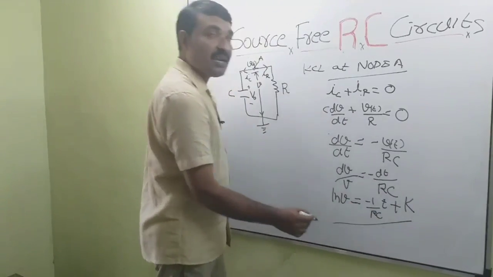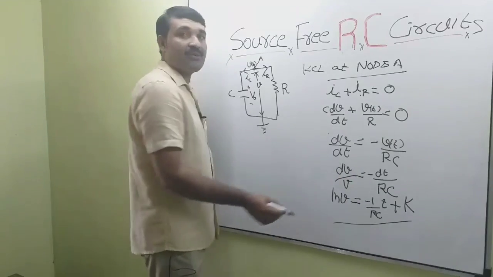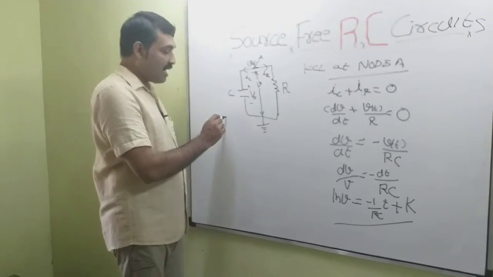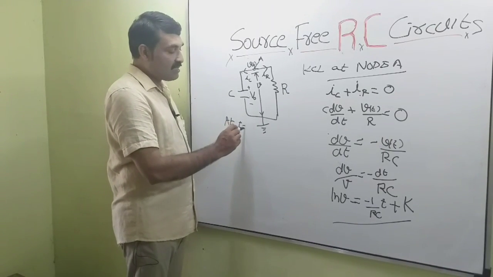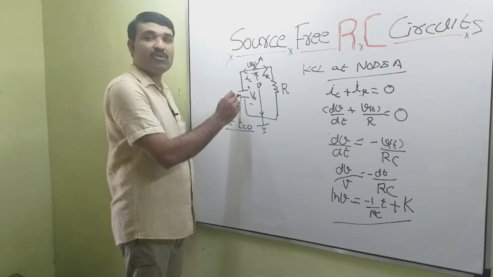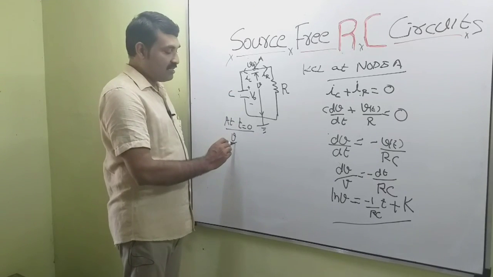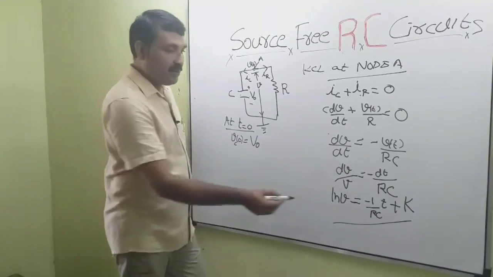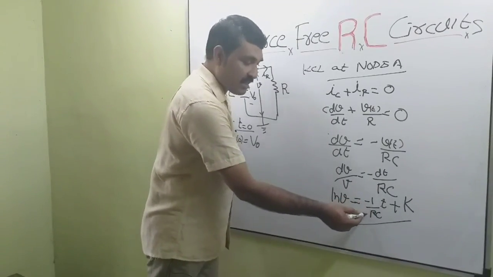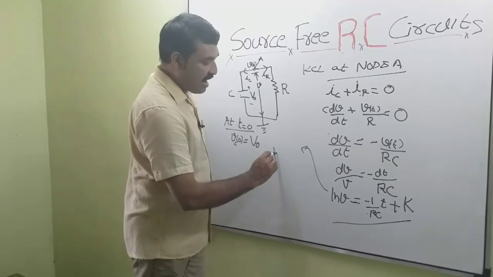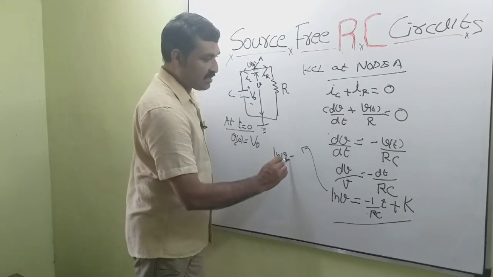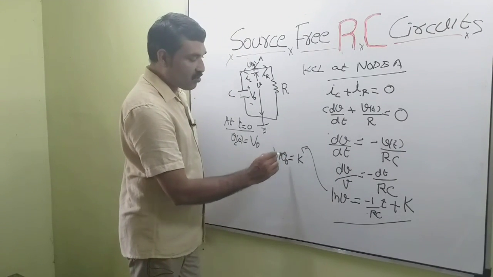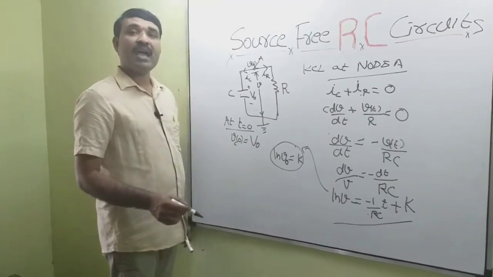Now our initial condition is when t is equal to 0, the voltage across this capacitance is given as V0. That is, at t equal to 0, voltage across the capacitor VC0 is equal to V0. Now putting t equal to 0 in this equation, we get ln V equal to K. V is equal to V0, so constant of integration K is equal to ln V0.